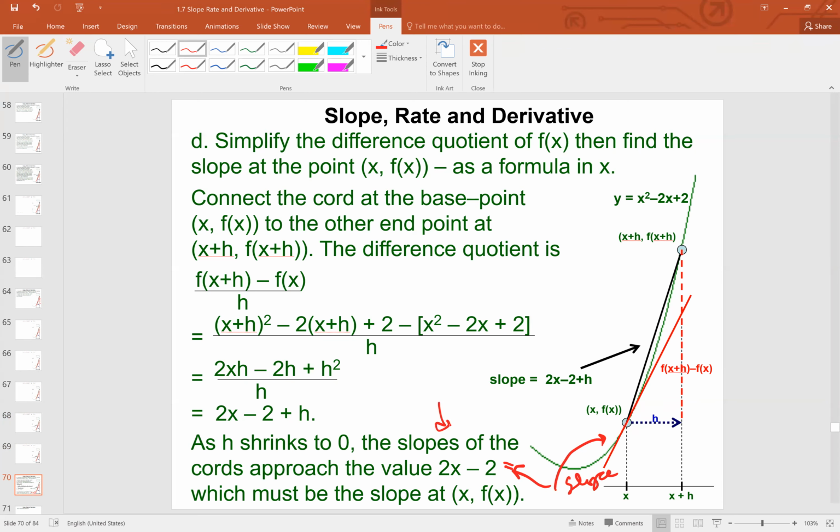Or in other words, this is the derivative. So what we say is the derivative at x, the slope at x, or derivative at x means the same thing. It's a formula based on x. Well, it's 2x minus 2.